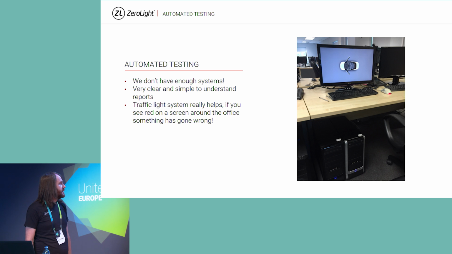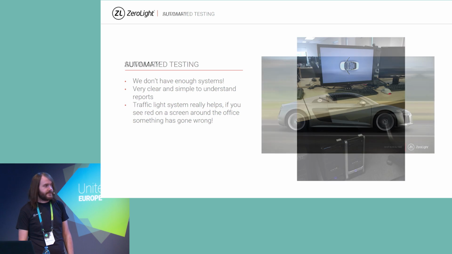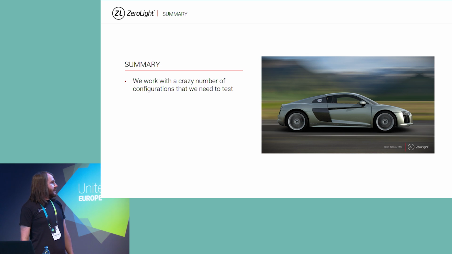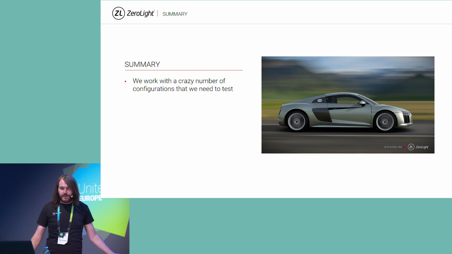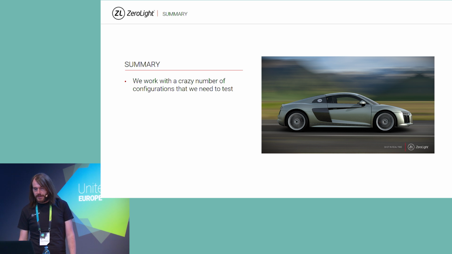So yeah, ensure that your reports are very clear and simple to understand. We use the traffic light system everywhere, so as soon as something goes wrong, it's clearly obvious. So in summary, we work with a crazy number of configurations. There's no way we can test every single configuration. There's just too many.